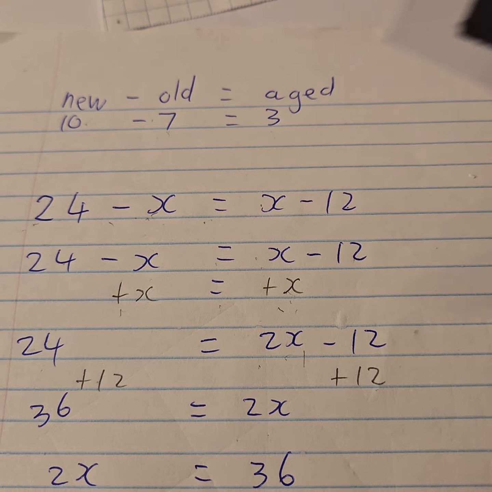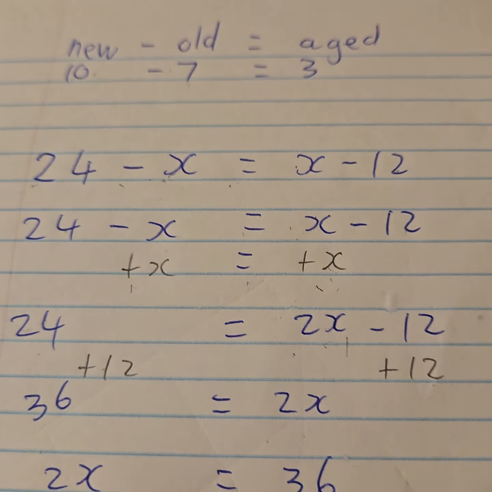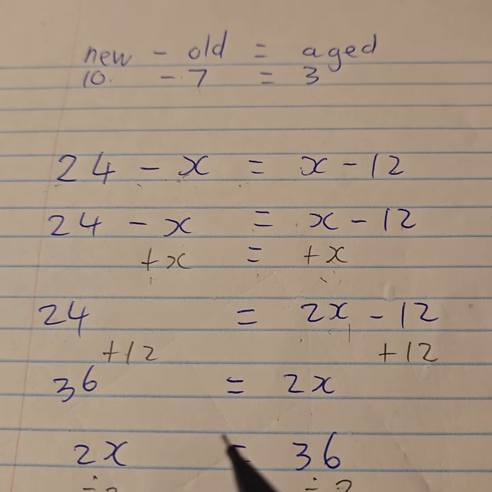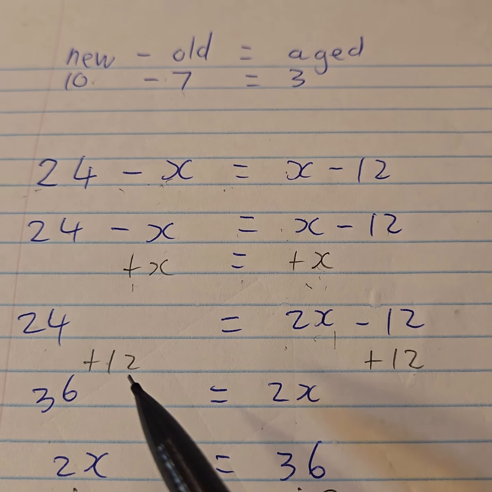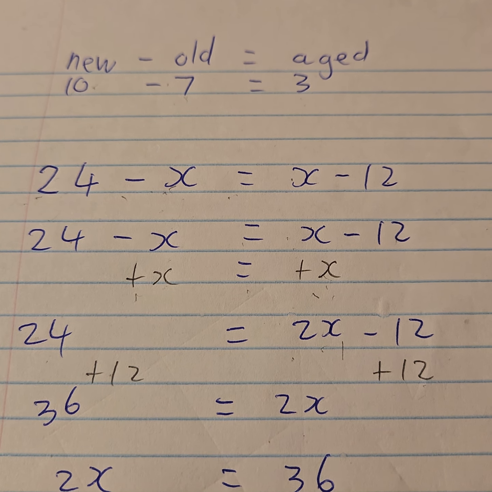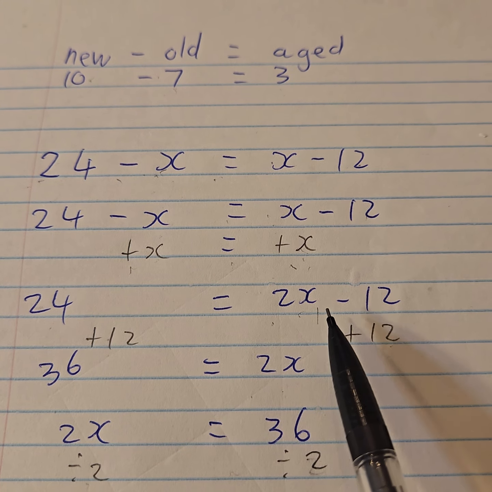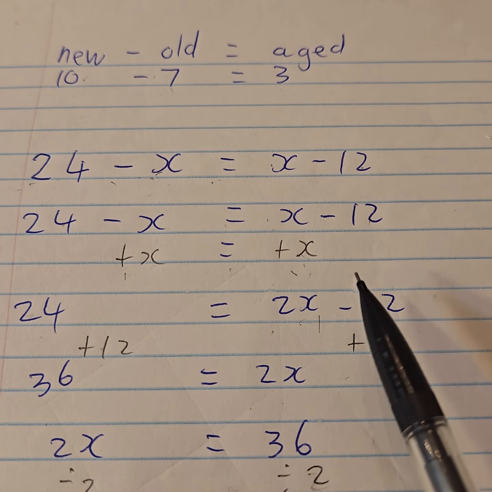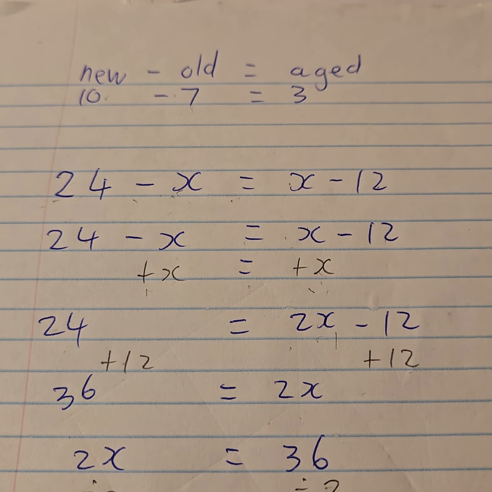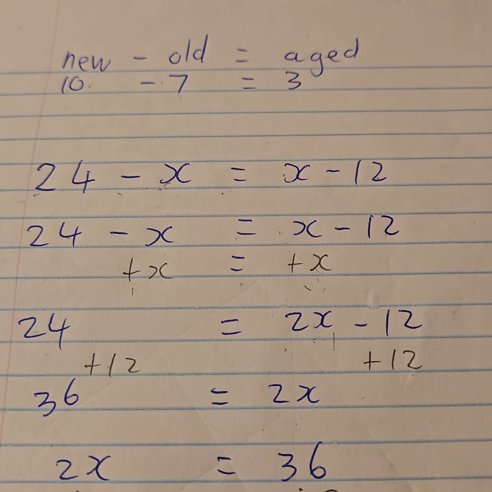And it's time to use my balancing scale again. We have an equal sign. What I do to one side, I must do to the other. So I'm adding on 12 to both sides. If left equals right, left plus 12 must equal right plus 12. It's true because it's the same on each side.